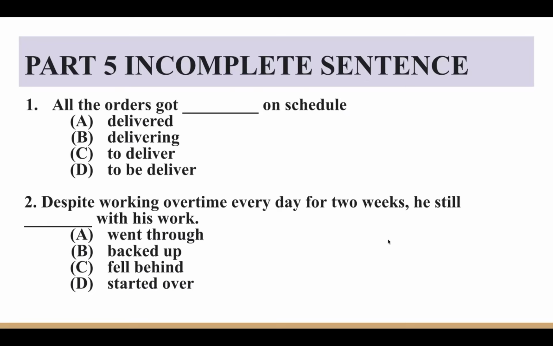A. Just because we can see that got plus past participle or verb 3 here. But if you put delivering here it means that it is delivering, right? Or verb to be plus ing here. That's it, right? And the rest is about gerund or infinitive, it doesn't fit in this blank.